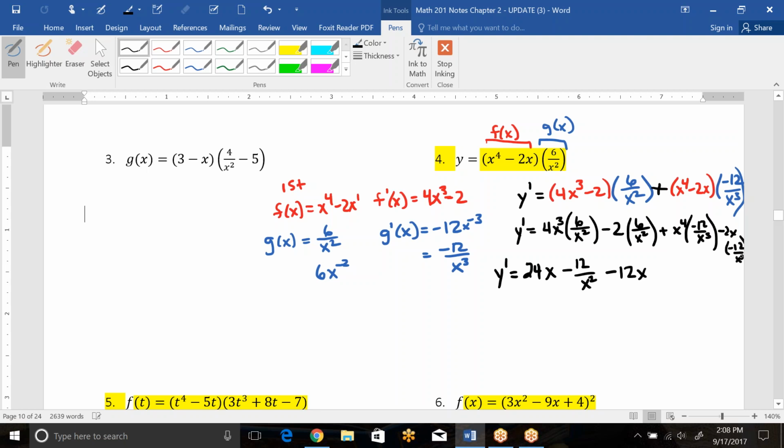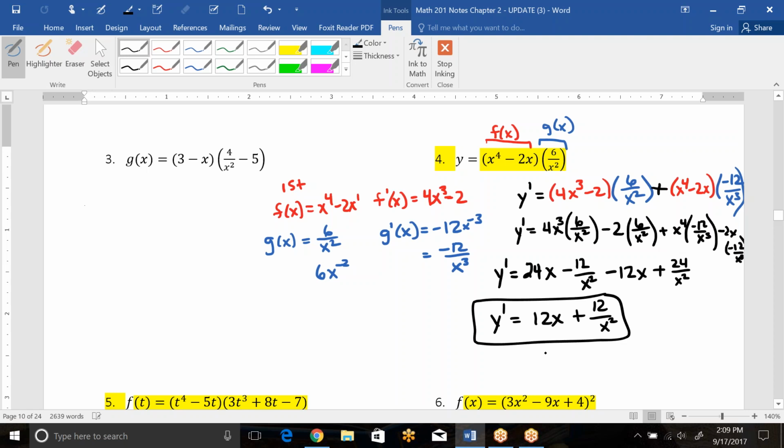And for the last one, you have x to the third on the bottom and x on top, so that's going to cancel one of the x's, and it's a negative times a negative, so it's a positive 24 over x squared. If we combine like terms, 24x minus 12x would be 12x, and negative 12 plus 24 would be positive 12 over x squared. Since they both have the same denominator, we can add those together.